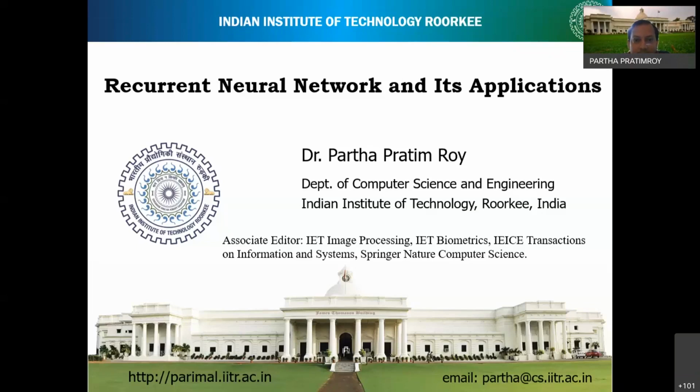Today there are a total of 3 sessions I'll be covering. The first 2 sessions will be on theory, and the third one will be on hands-on. In the theory sessions we'll see the introduction and motivation of the recurrent neural network, then how it works, the working principle of the RNN and its families, and then some applications we have done in our labs.